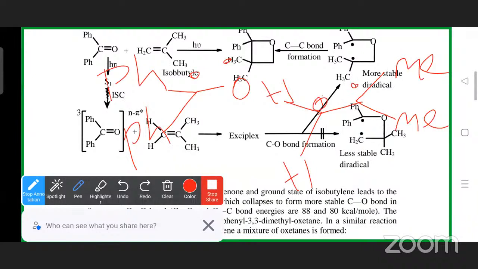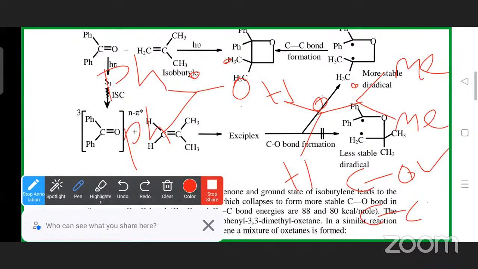Now the combination of these radicals is important, right? So generally, the CO bond formation takes place first here, means this oxygen first. The first CO bond formation takes place, then the CC carbon-carbon single bond formation.